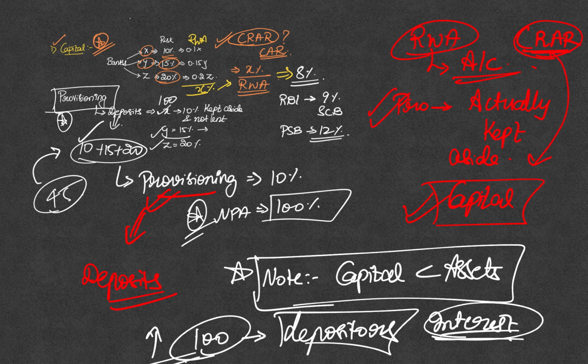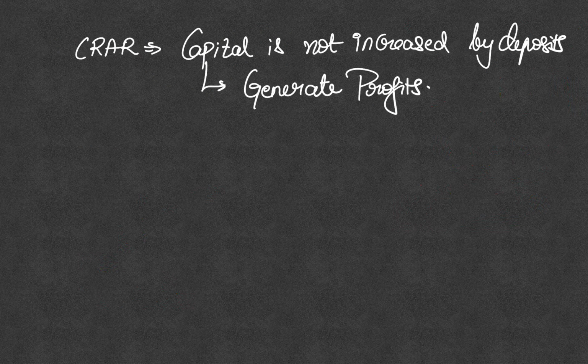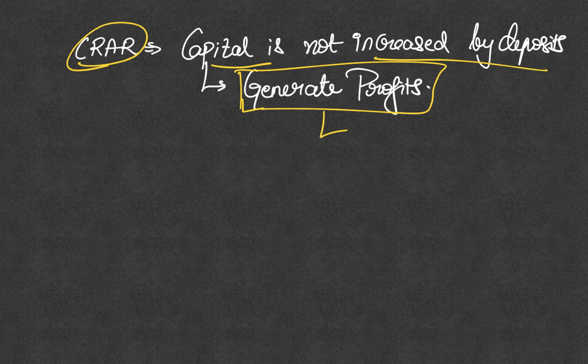So please note this point, do not get confused. That is why the capital adequacy ratio is just 9% of the total assets as per RBI's mandate. So the key takeaway about CRAR is that capital is not increased by deposits, we have to generate profits. It is exactly for this reason that during demonetization, despite having such humongous deposits, banks did not generate any profit or their capital did not increase.